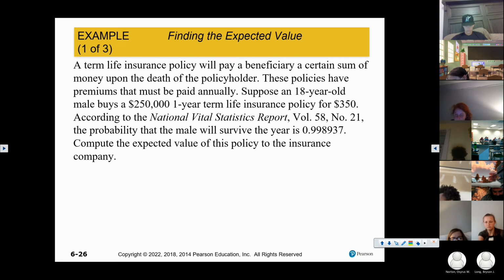Now, there's 2 events that are happening with your life insurance. What are they? You either live or you die. So that's your 2 events. What if you live? Well, that's 0.998937. What if you die? That's 0.001063.